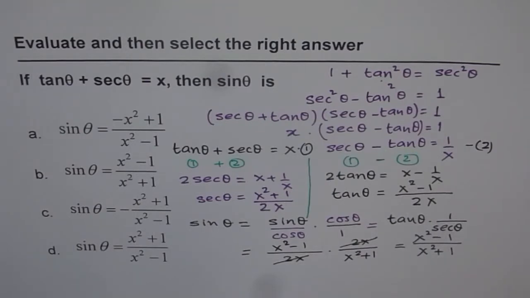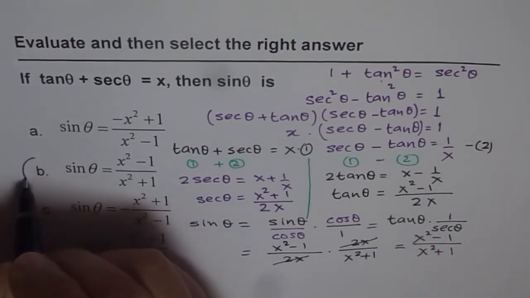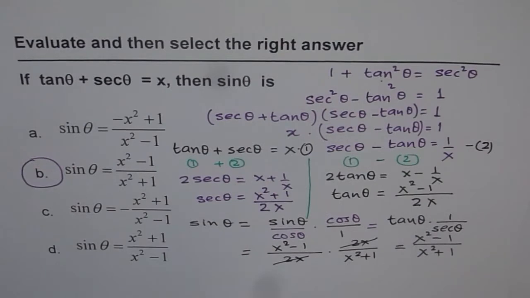So that is how we get our answer for this particular question. I hope you find it very interesting and educating at the same time. So what is the option? Option B matches with what we got. Sine theta in this case will be x square minus 1 divided by x square plus 1.